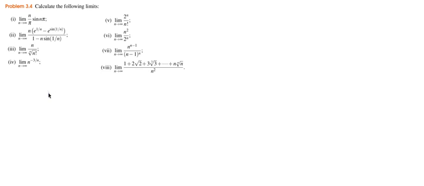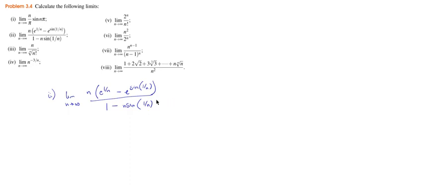Now, second is the limit when n goes to infinity of n times e to the 1 over n minus e to the sine of 1 over n, over 1 minus n times the sine of 1 over n.